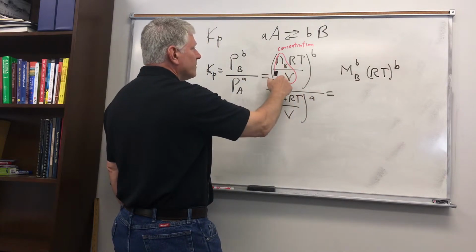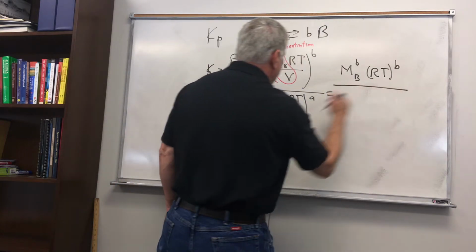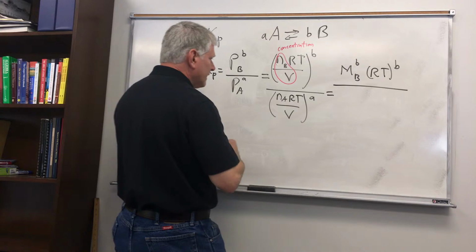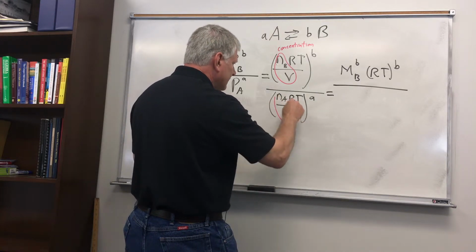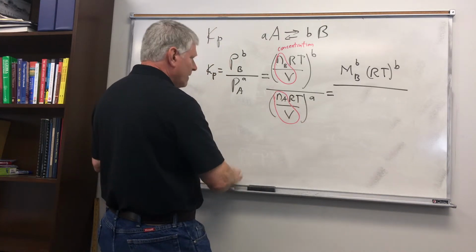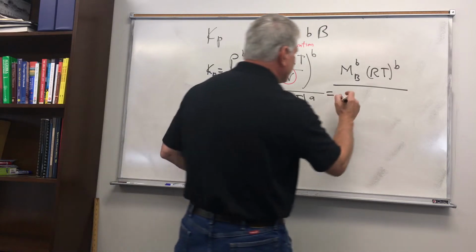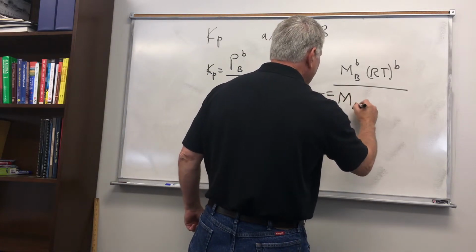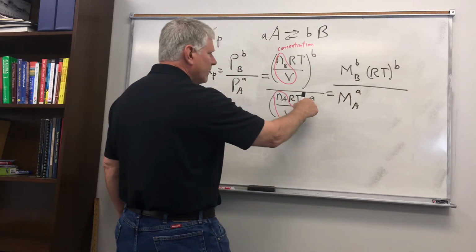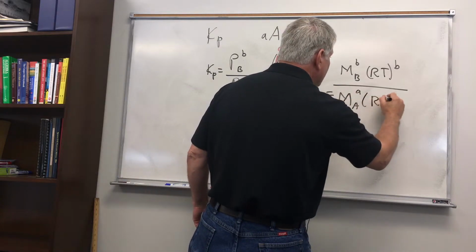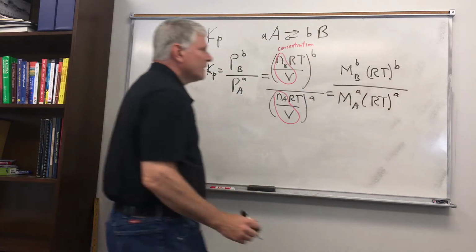Then I'll have the molarity of reactant A, moles per liter. So I have the molarity of A raised to the little a power times RT to the a power.